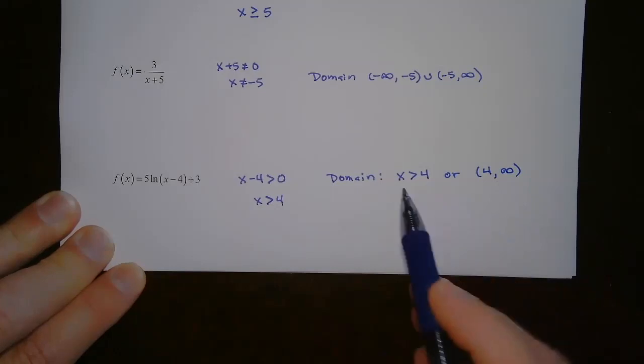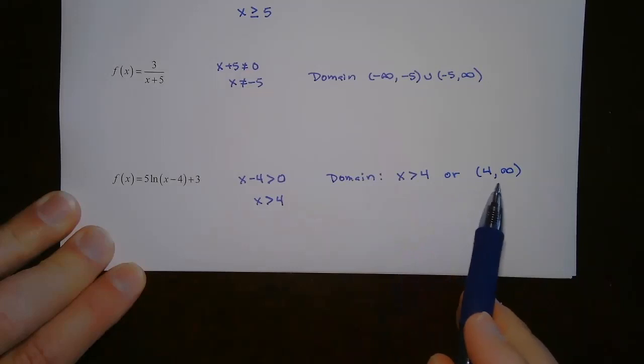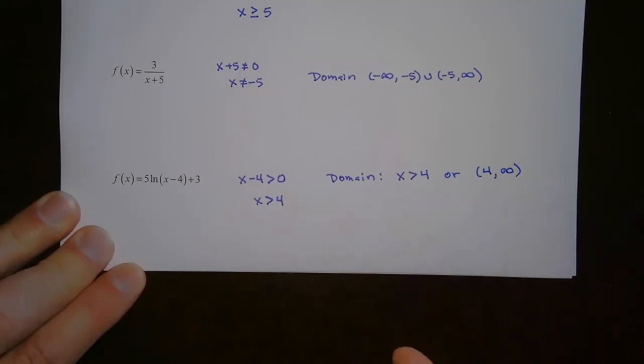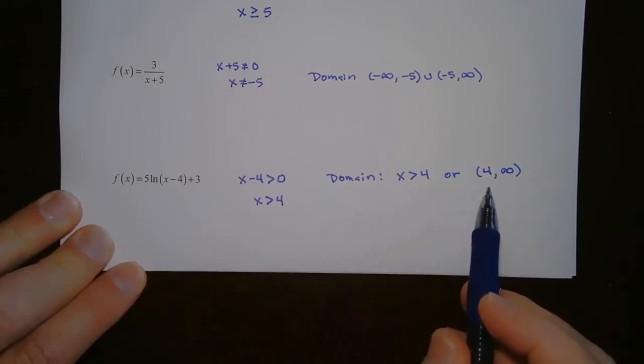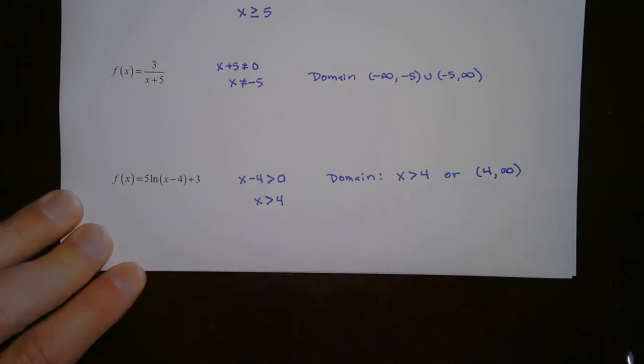Just two ways of writing it, inequality or interval. It's whichever way you prefer. I don't mind. You do it either way. I'll accept it. You're going to see me probably do more inequality for these because you're solving an inequality. Just know that. All right, you guys take care, and we'll do the next example.